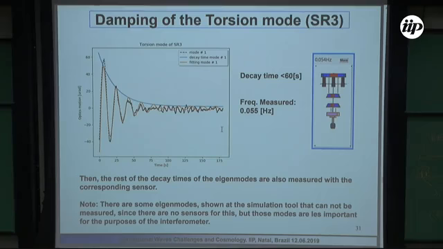For example, we got these results, and we can say the measured frequency was 55 millihertz, and therefore the eigenmode is identified, and we can check that the decay time of this mode is below 60 seconds.